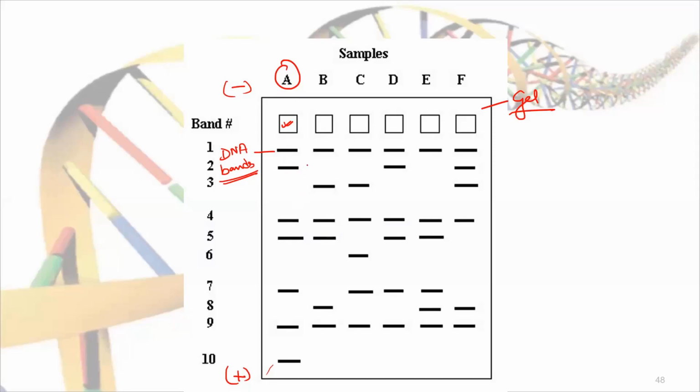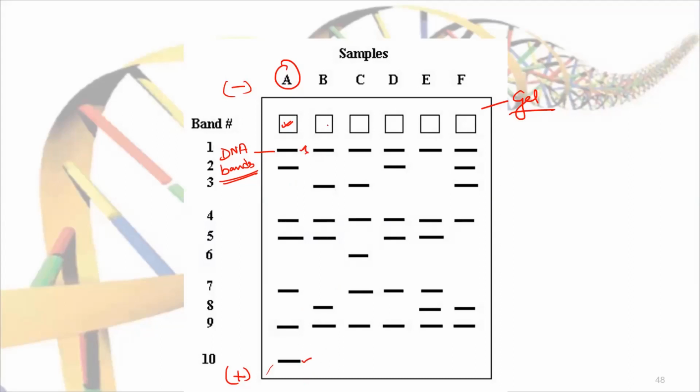First understand, DNA fragments will get settled at different positions. So here, the DNA in this band will be the largest fragment DNA, and the DNA settled in this band will be the smallest fragment DNA.